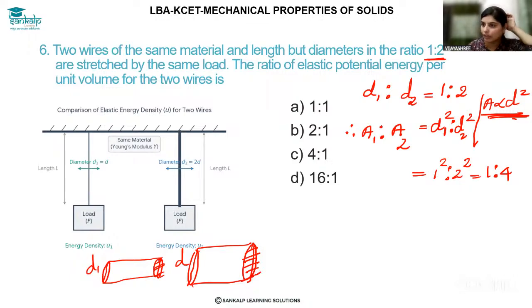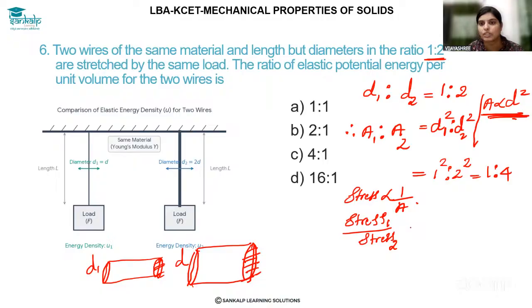So what we are given now, we already know stress is inversely proportional to area, right? Stress is inversely proportional to area. So we can write stress 1 divided by stress 2 is equal to area 2 divided by area 1.